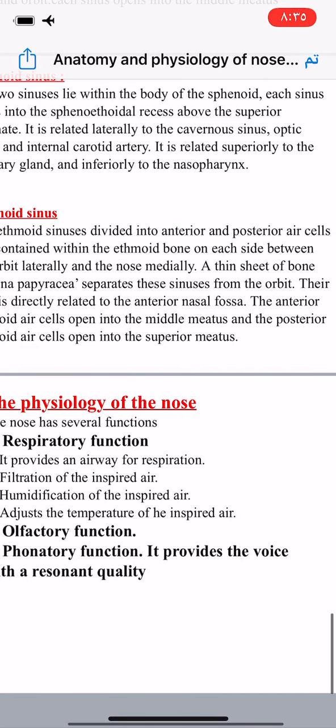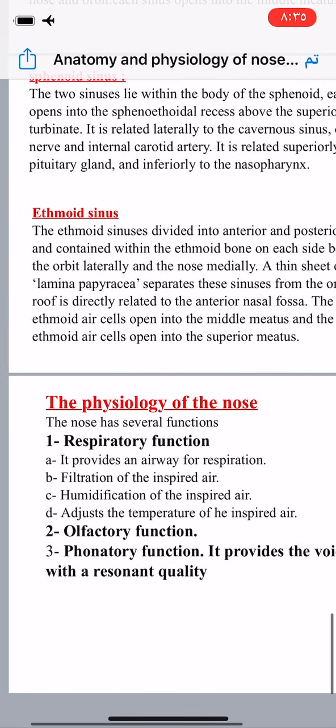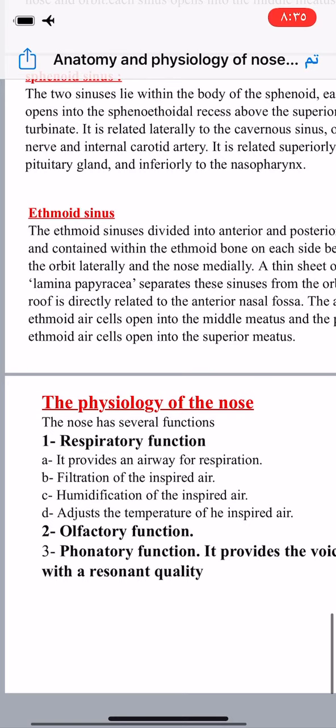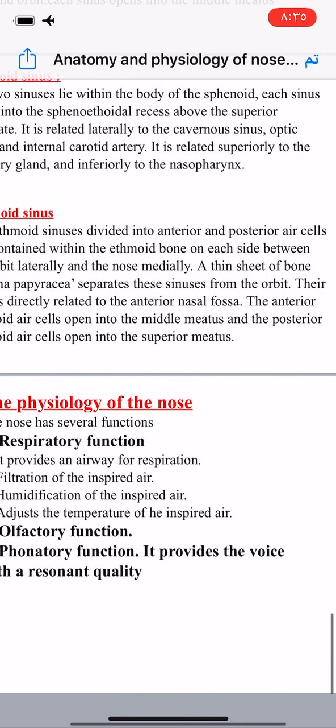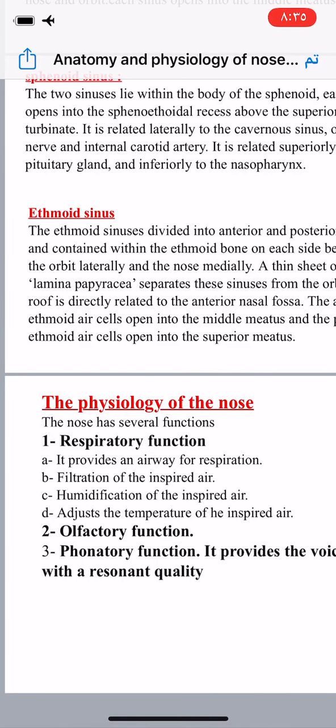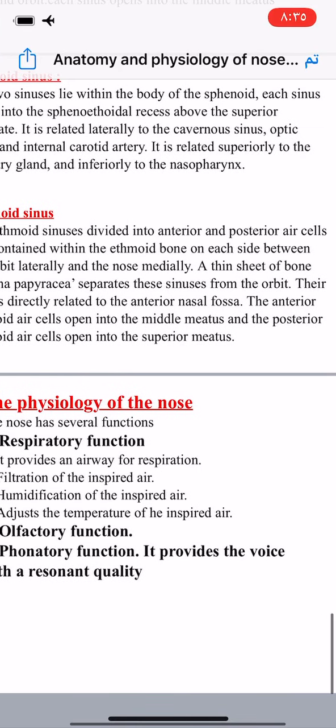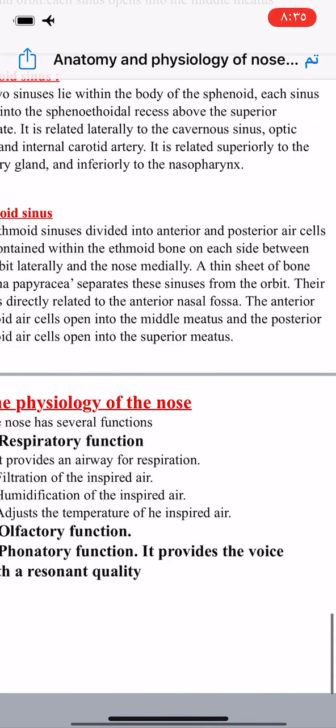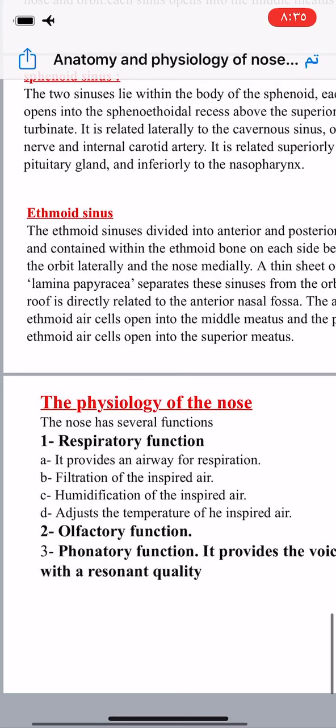A thin sheet of bone called the lamina papyracea separates these sinuses from the orbit. Their roof is directly related to the anterior cranial fossa. The anterior ethmoidal air cells open into the middle meatus and the posterior ethmoidal air cells open into the superior meatus.